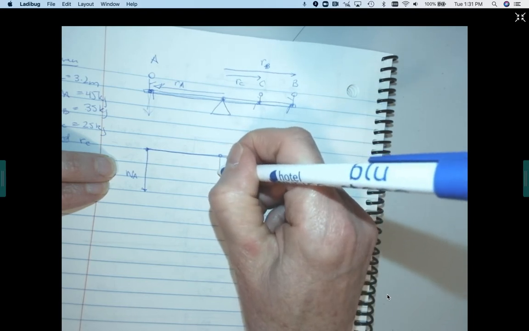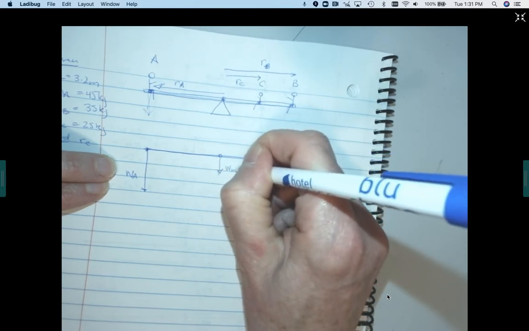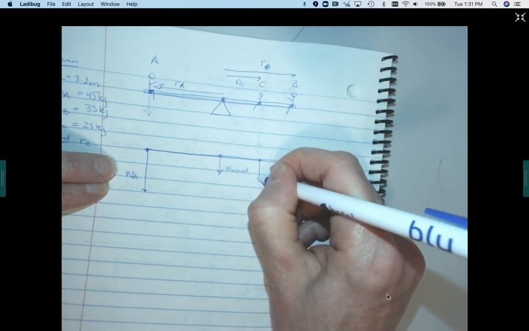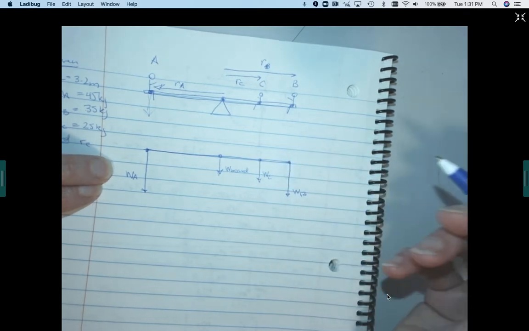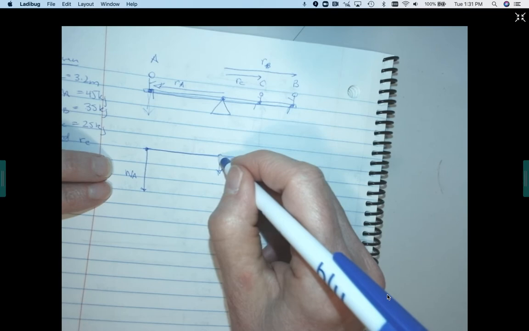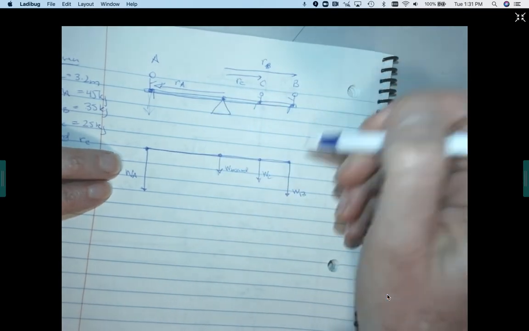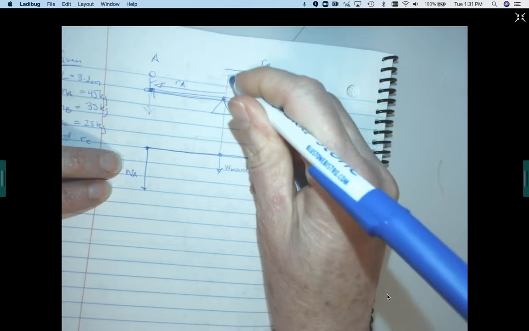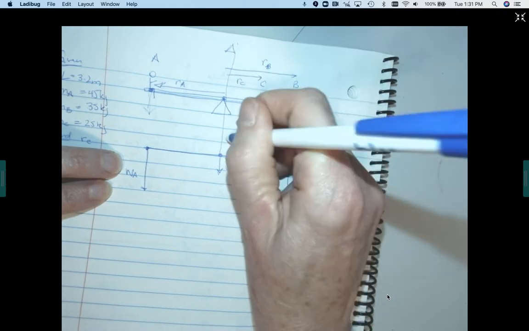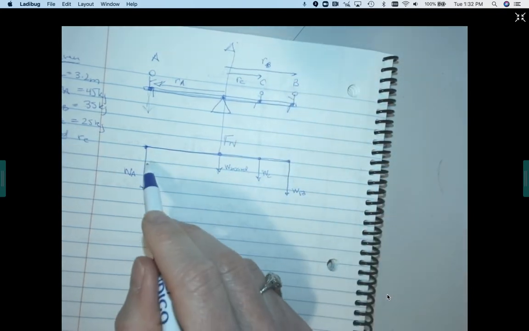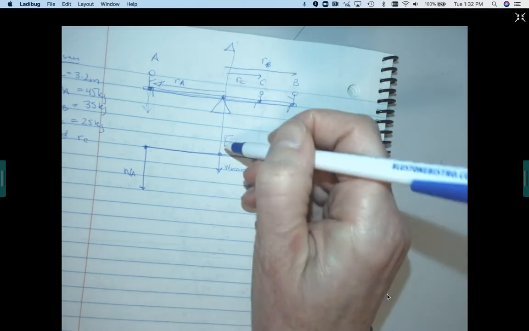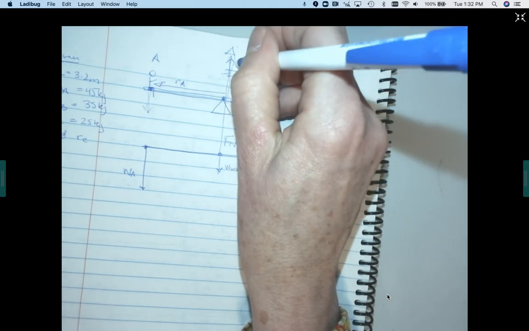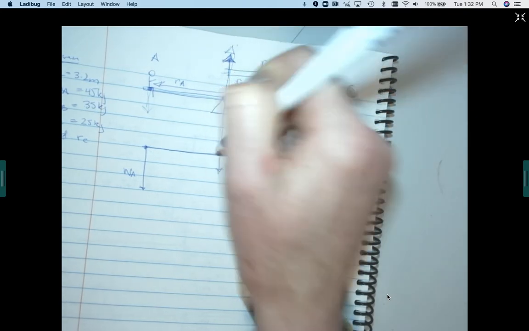So there is actually a weight of the board too. And then somewhere, we don't know where, we're going to put the weight of child C. And right at the pivot point, the fulcrum is going to produce a normal force that's going to balance all of these. So it's actually going to be super huge the way I've drawn all this. The normal would be way up like that. Didn't plan that out very well, but that's about how long the normal would be.